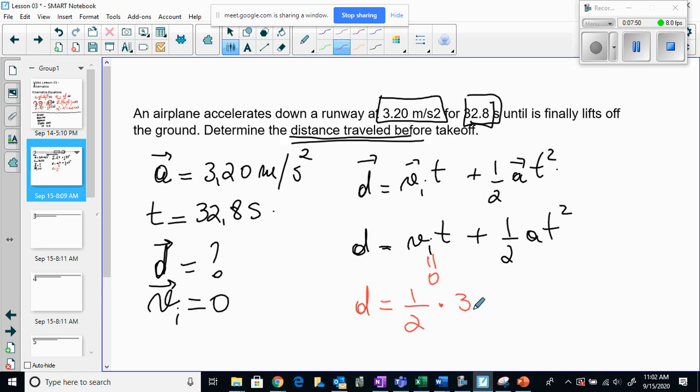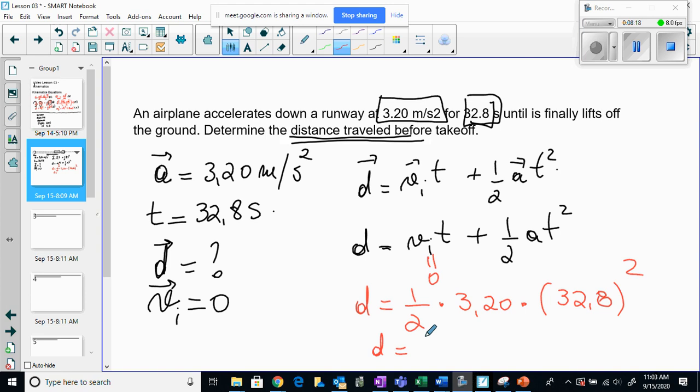1/2 times 3.20 times 32.8 squared. And now, since all the quantities are in the proper units, meters per second squared and seconds, we can find the displacement.